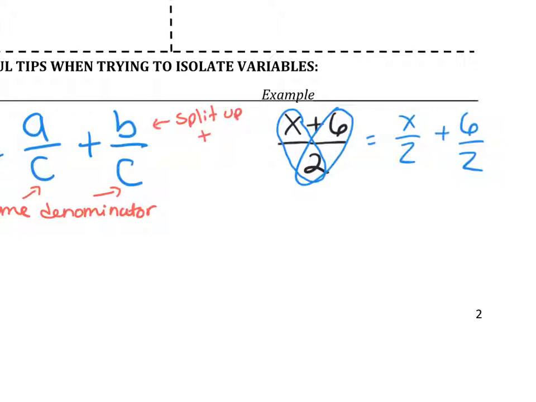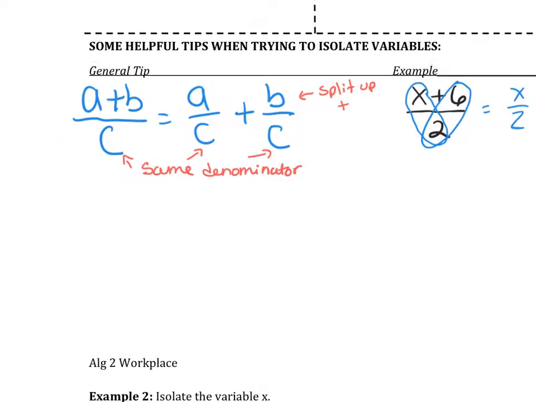Another helpful hint would be if you ever end up having to do a fraction divided by something. That doesn't look very pretty, but if we think about division in terms of the division symbol instead of the fraction bars, then really this is just saying our A over B divided by C, or divided by C over 1.